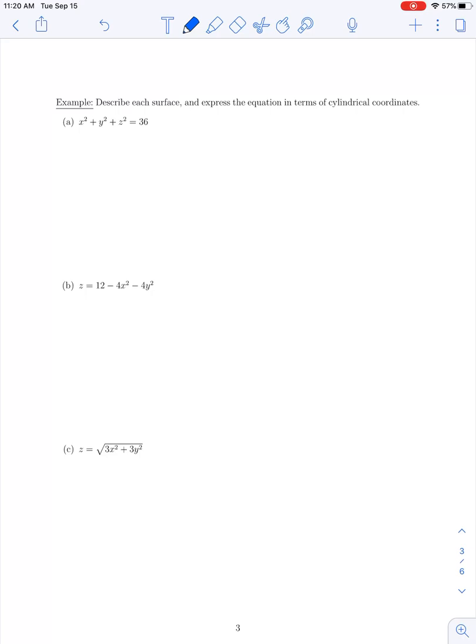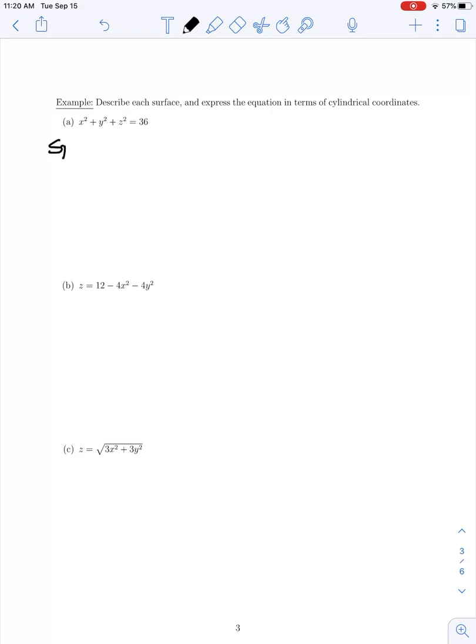In this example, we're asked to describe each surface and then express the equation for that surface in terms of cylindrical coordinates. So looking at our equation in part A, we have x squared plus y squared plus z squared is 36. We can recognize this as being the standard form for the equation of a sphere.